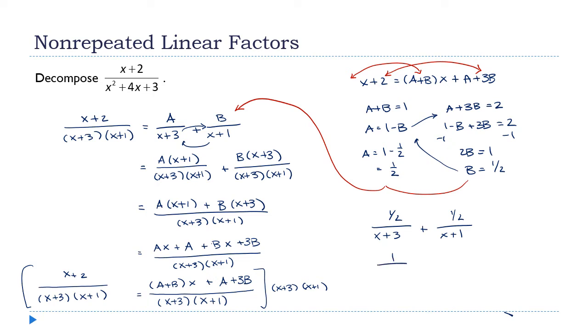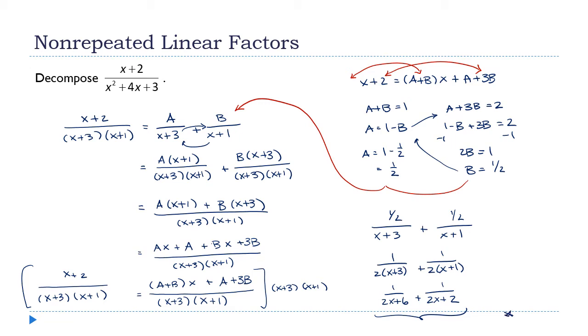This is 1 over 2 times x plus 3 plus 1 over 2 times x plus 1. And I can go just a little further. 1 over 2x plus 6 plus 1 over 2x plus 2. And that's it, right? There, that is my partial fractions decomposition of the original polynomial.